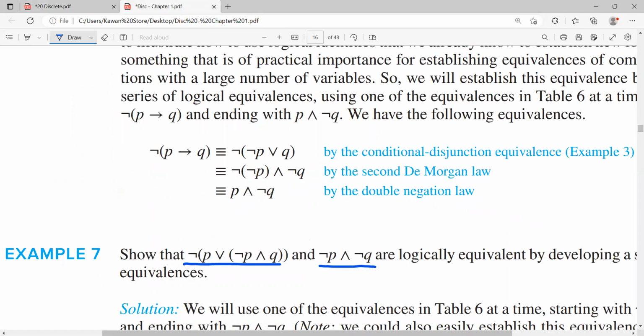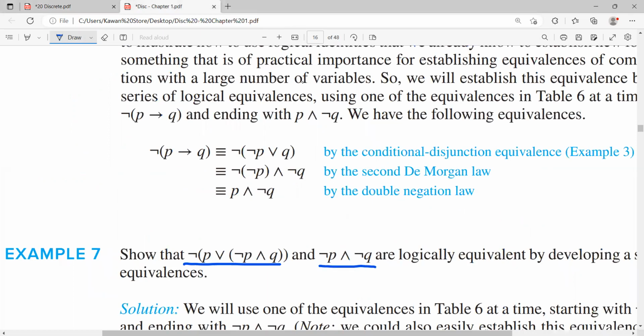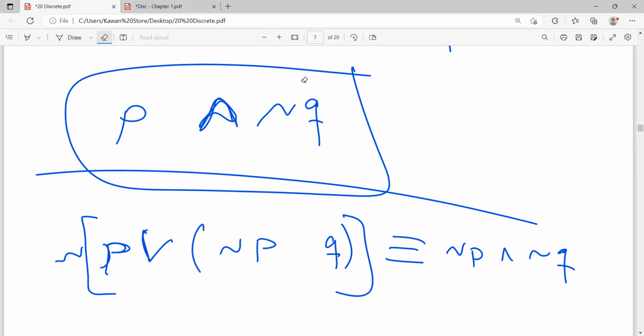Negation P or all of them. Okay. Right? Good. Clear? And. Okay, okay. Good. Tamam? Shall we start?